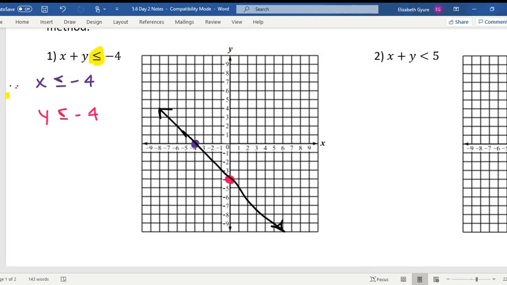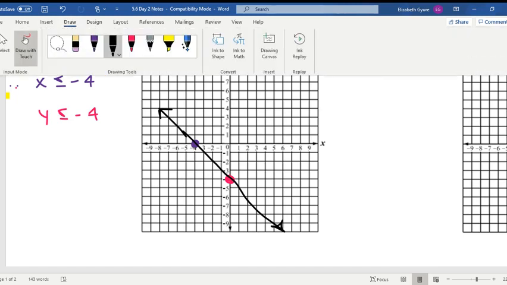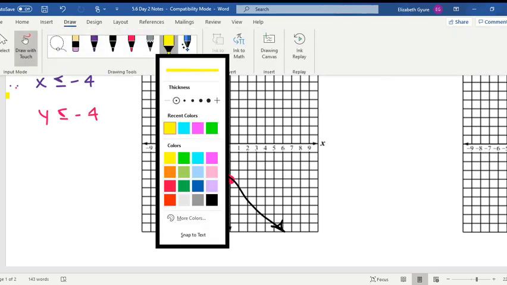Good. And then we need to decide if we need to shade above or below. So remember, this is a less than or equal to. So if it's a less than, do you guys think I would shade above the line or below the line? Yes. If it's less than, you shade below. Good.